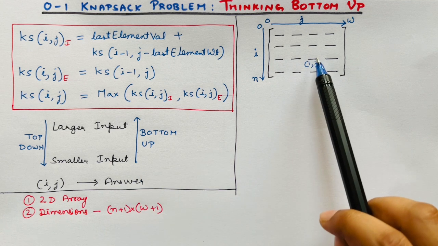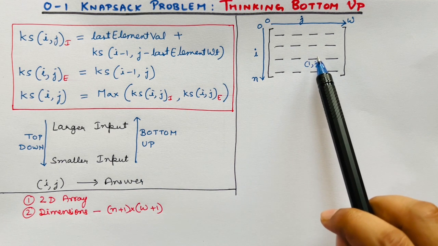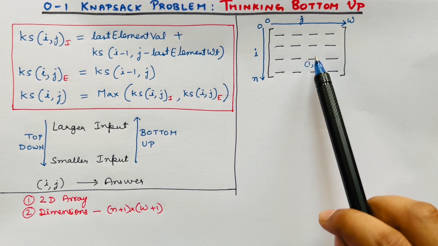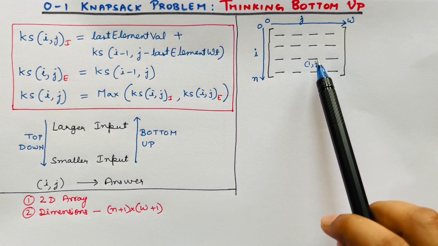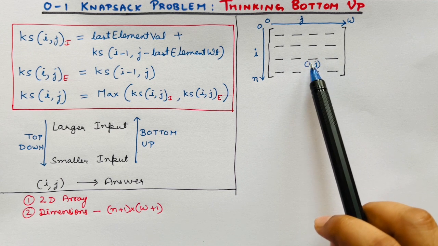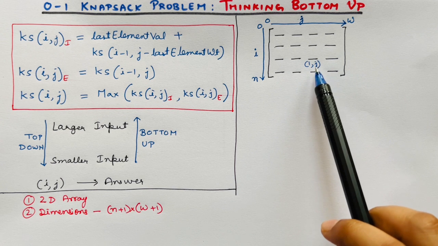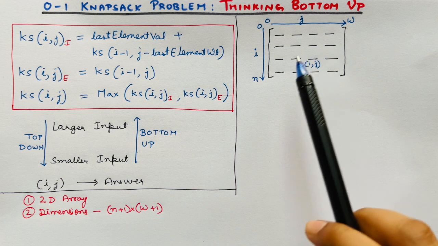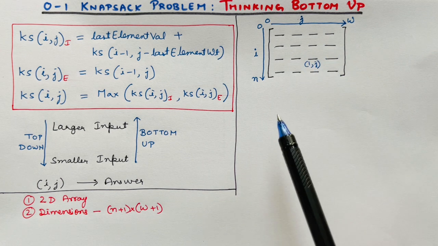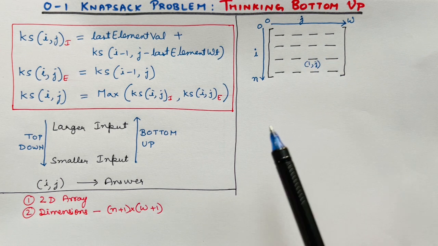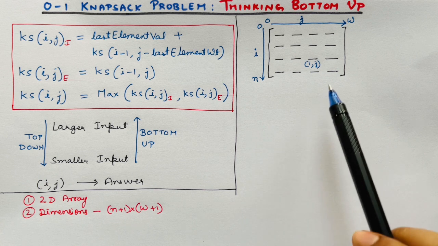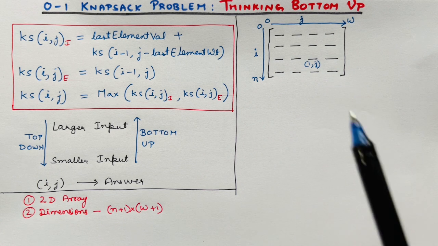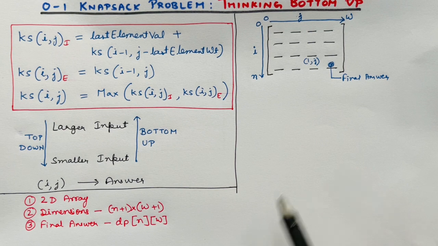That means the value here will tell what is the maximum value we can make by picking some items from the first i items with the capacity of the knapsack being j. So if we have this matrix filled completely, can we have our final answer? Yes, our final answer will correspond to this position. So we have noted here that our final answer will be dp[n][w].